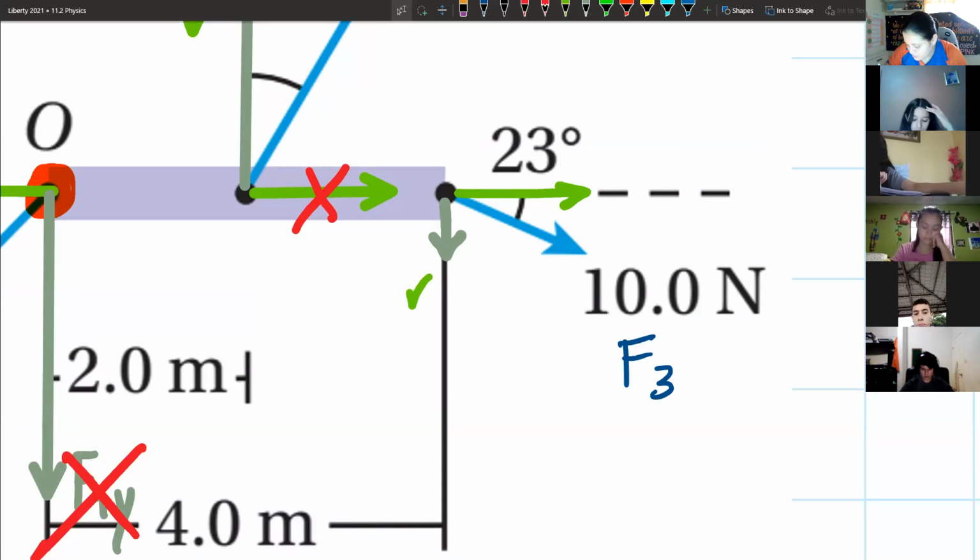So I won't consider this component. And now the question is, how is this force, the gray force, according to the angle? Is it next to the angle or is it in front of the angle? In front. It is in front, yes. How in front? How do I know that? Take a look what I'm gonna do.